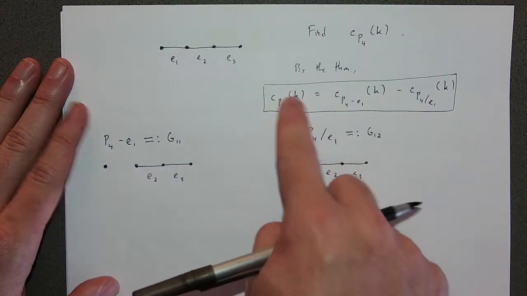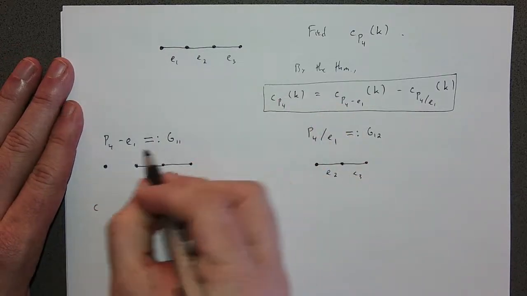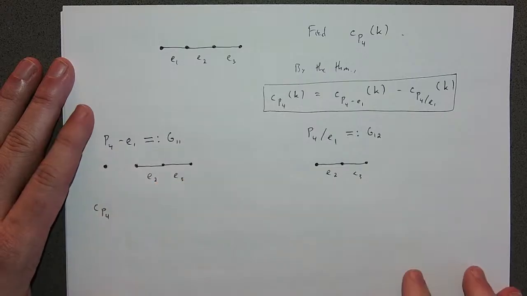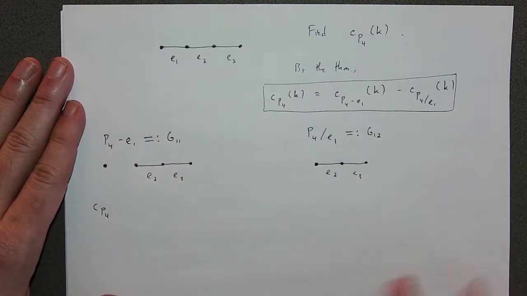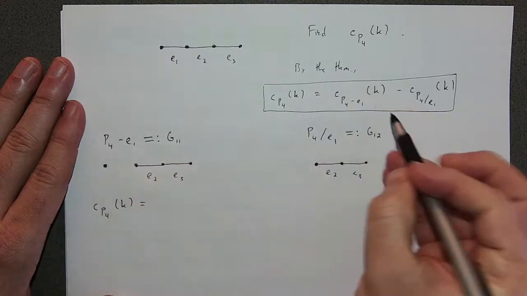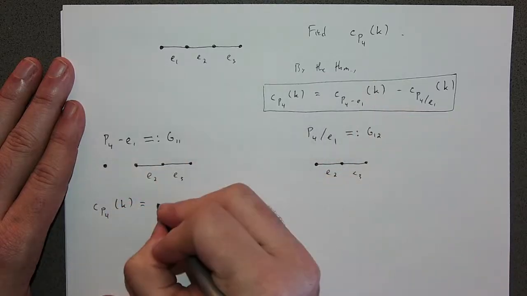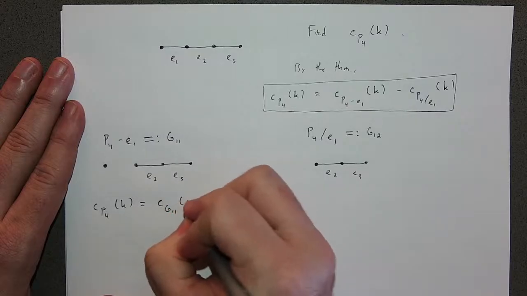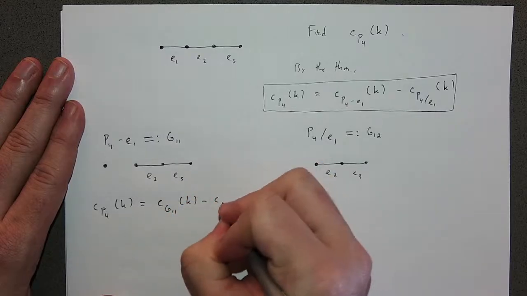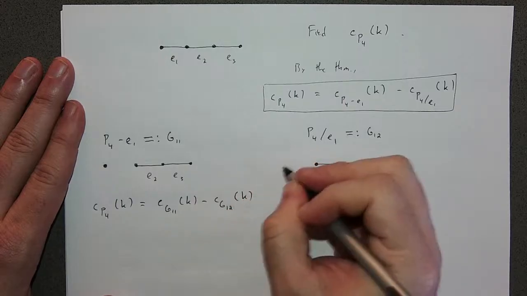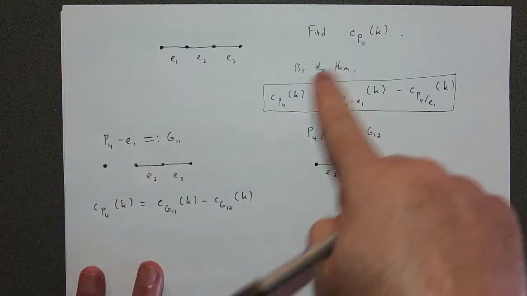With the relabeling I'm doing, I'm going to rewrite this. So the number of colorings on the path on 4 vertices using K colors is, by the theorem and using this relabeling, the number of colorings on G11 using K colors minus the number of colorings on G12 using K colors. But now I want to use this theorem again.